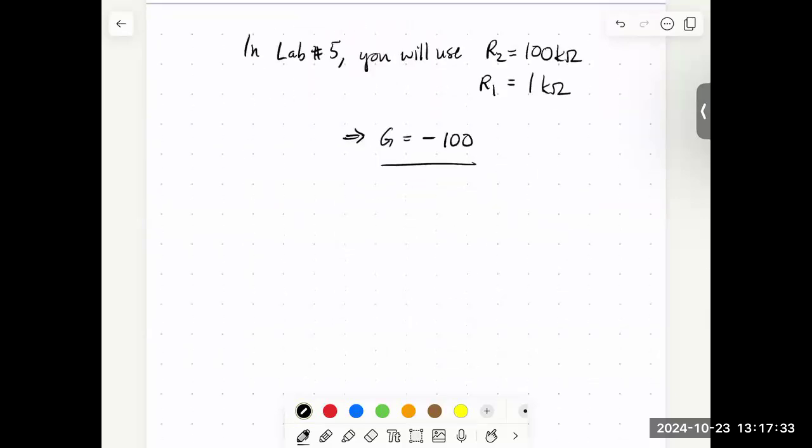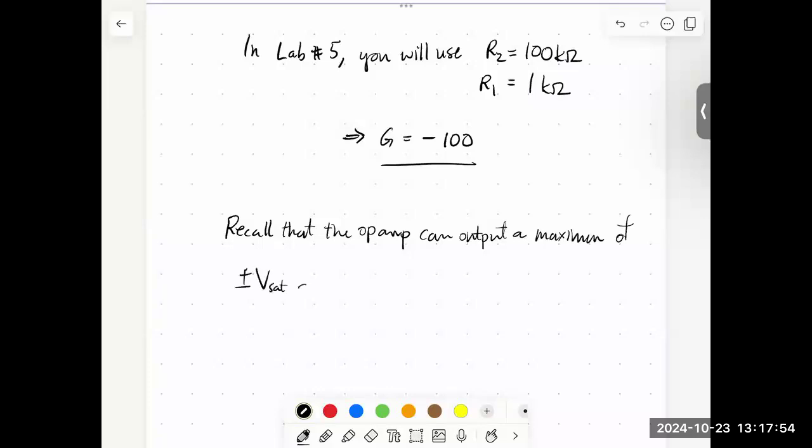So let's just make a couple notes about that. Recall that the op-amp can output a maximum of about plus or minus V saturation, which is about plus or minus 14 volts if VCC is equal to plus or minus 15 volts.